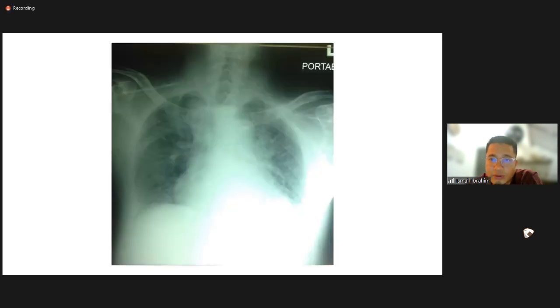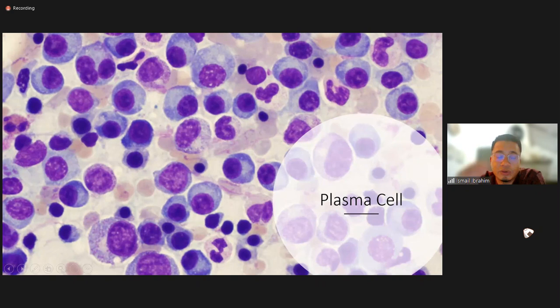If you look at this X-ray, you notice that there is one area of missing rib. On the right side of the lung, there is one rib missing. That particular rib has been eaten or replaced by myeloma cells. The key cells involved in myeloma are plasma cells.